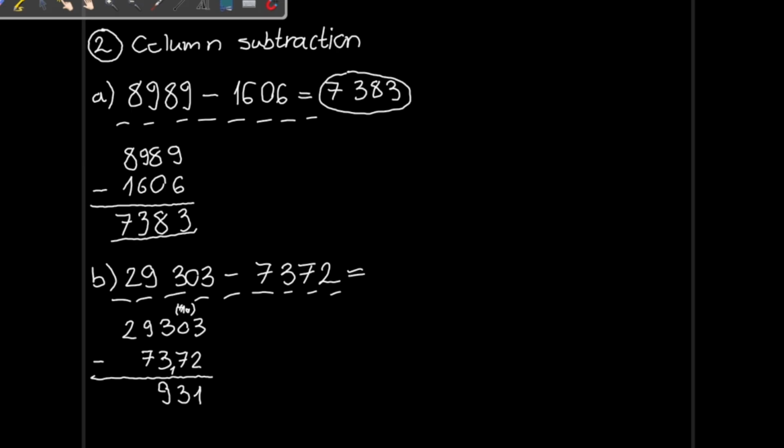And because we added 10 here as well, we need to add 1 to this number, 7. And then we have 9 minus 8, which is 1. And 2 minus 0, which is just 2. And that's our result here.